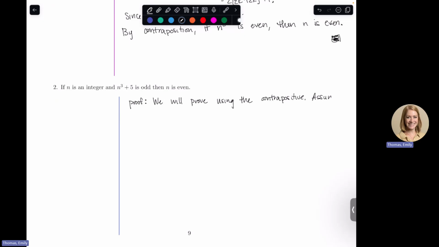Assume n is odd. Then n is equal to 2k plus 1 for some integer k. Consider n cubed plus 5.